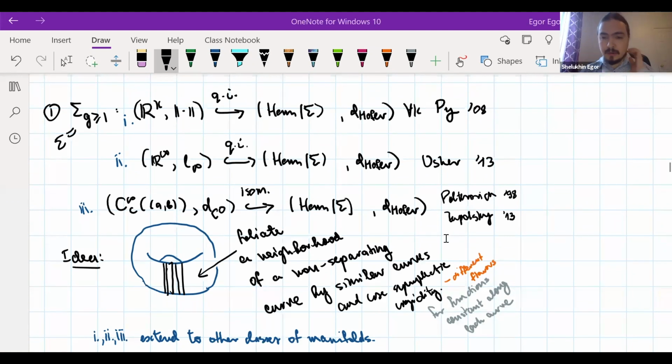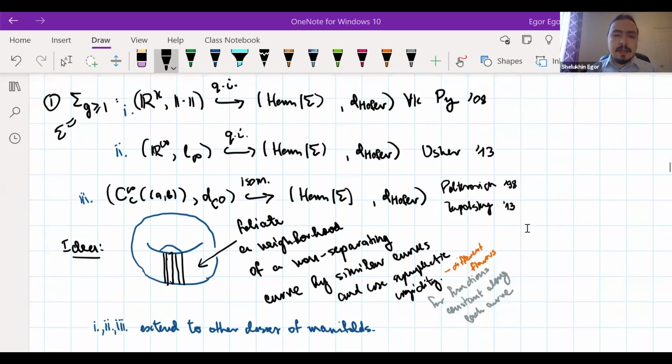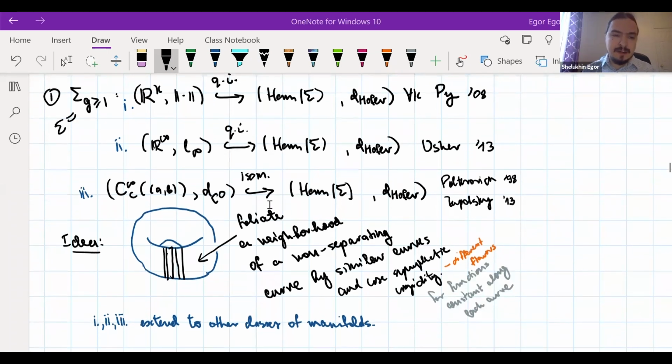Okay, so this follows from Polterovich's original argument that works in the case of S2, but it also works by work of Zapolsky that uses Lagrangian spectral invariants. And the idea here is to take, let's say, a simple non-separating curve on our surface.